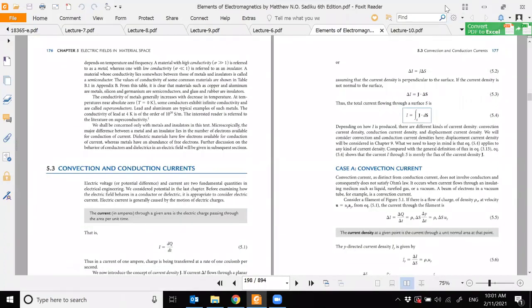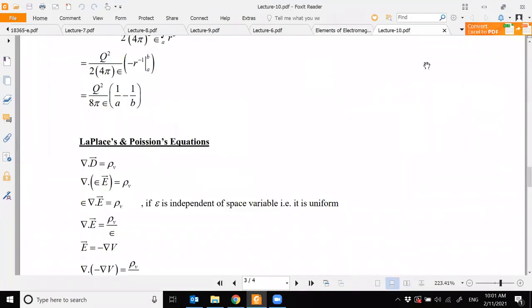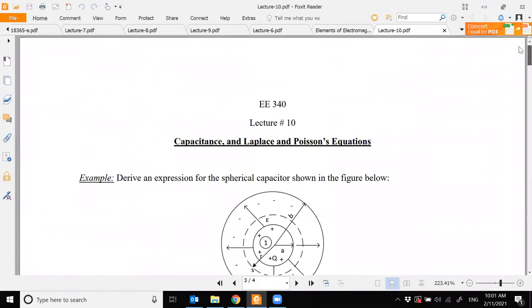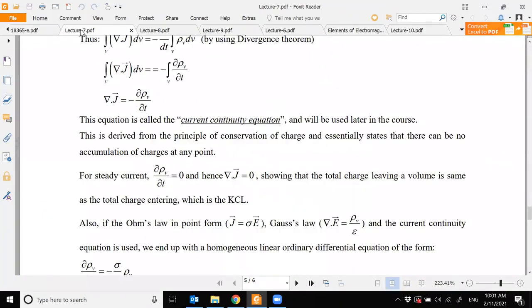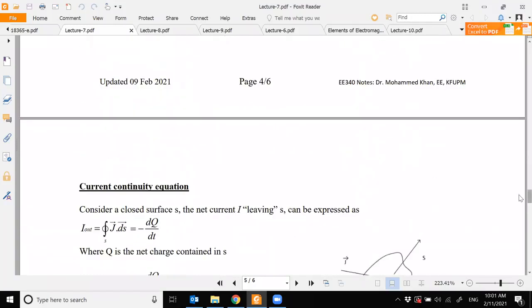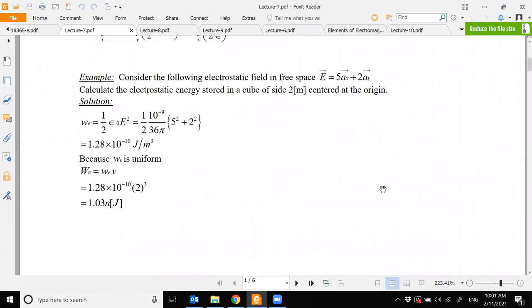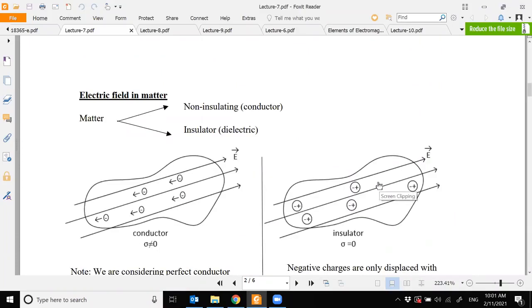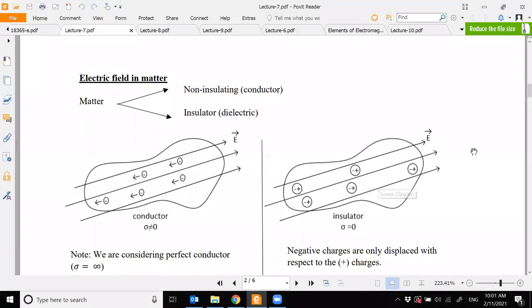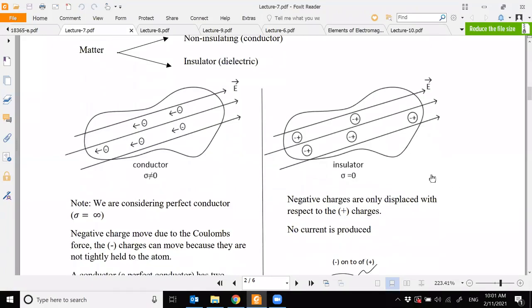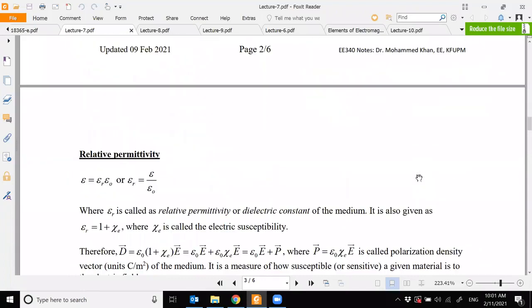So if you remember, in the last class, we looked at the different materials, conductors and insulators, and we looked at the properties of both.